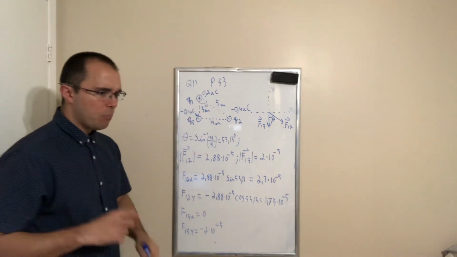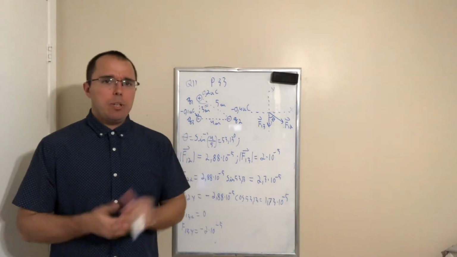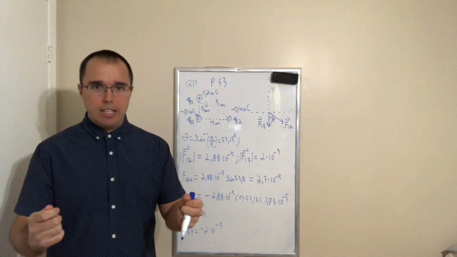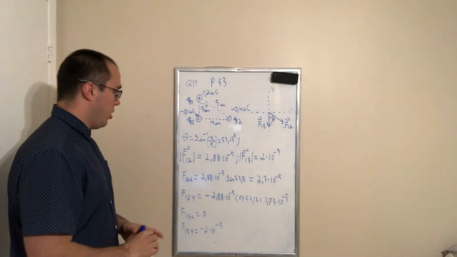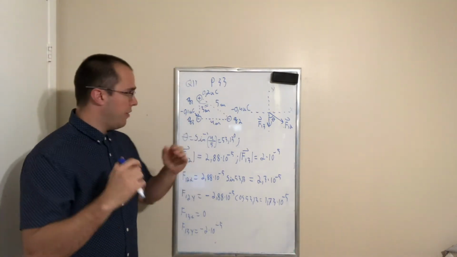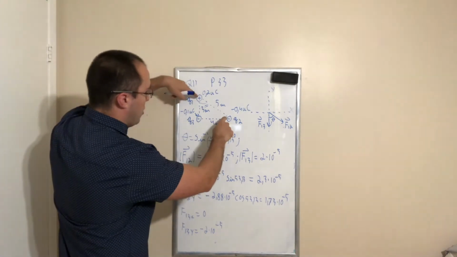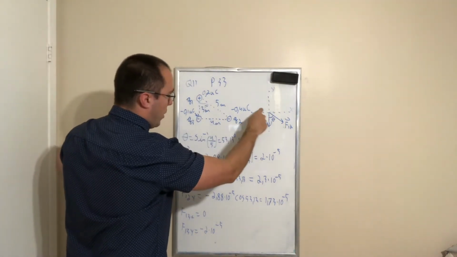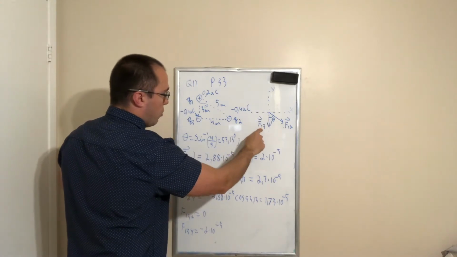Now, when we are dealing with 2D vectors, I find it more convenient to find their magnitudes right away. So the magnitude, and there's no sign here, simply the magnitude, the absolute value, of the force vector 1, 2 and of the force vector 1, 3.